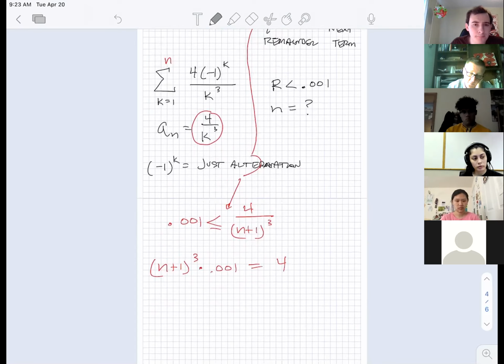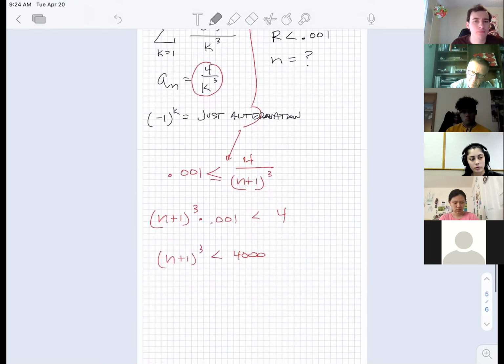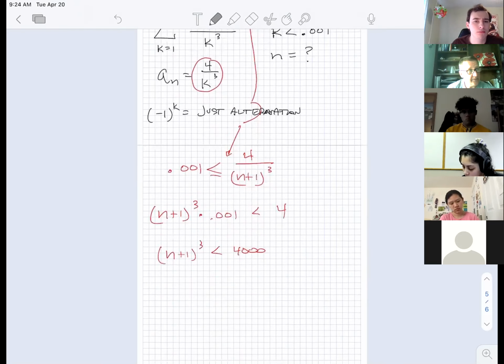Then if I divide by 1/1000, 4 divided by 1/1000 is 4,000, isn't it? And again, I probably should be a little more technical and just leave the less than sign in there. So then I'd be cube rooting both sides, correct? Cube root, that's 4,000 raised to the 1/3 power.